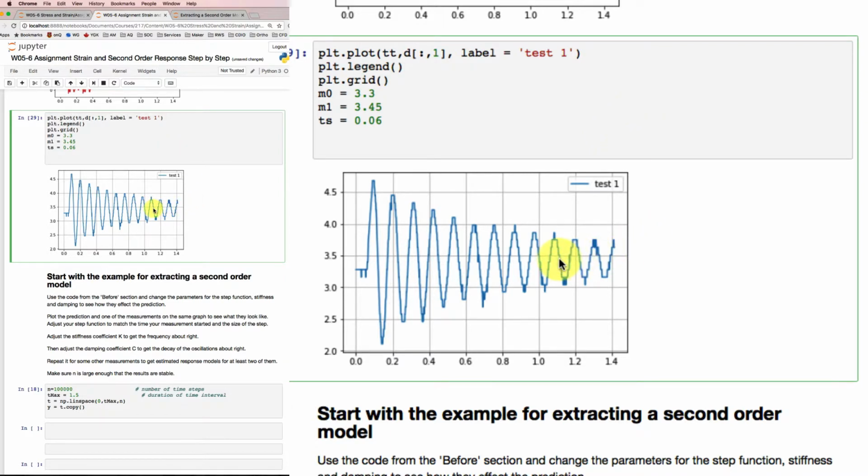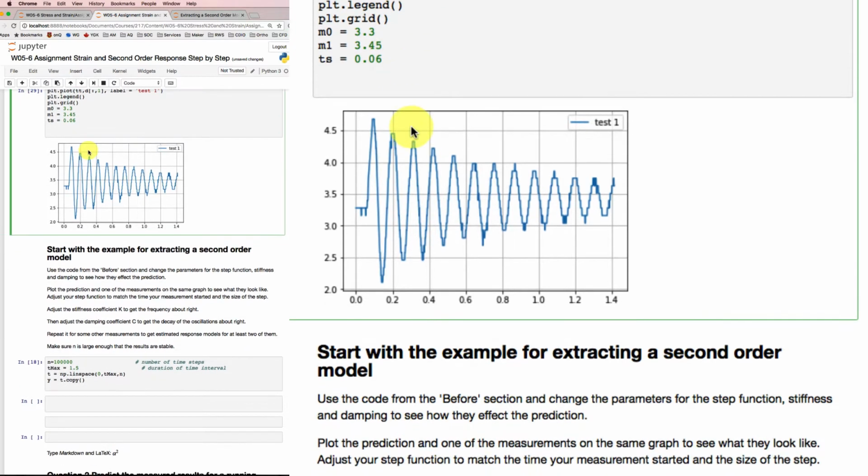And it looks like the middle of the oscillations after a while was about 3.45, something like that. And the time at which things really started happening was at time t about 0.06 seconds here. So we'll call that the starting time.